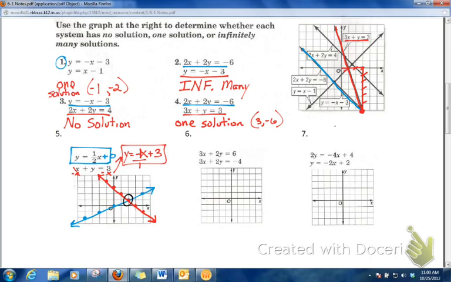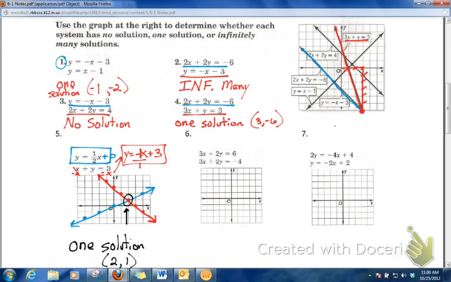You can see in this problem I have circled where they cross. So the answer to this problem is that it's a one solution answer, and that one solution is the ordered pair 2, 1.